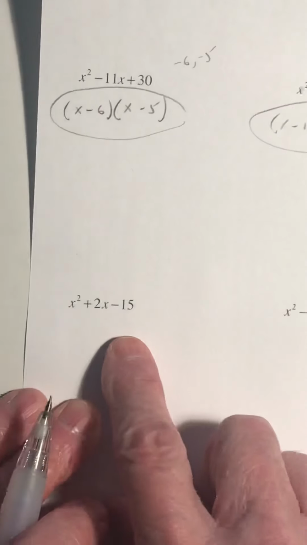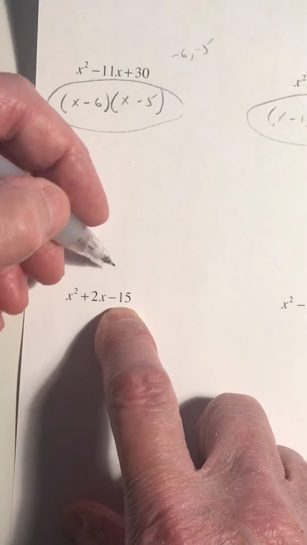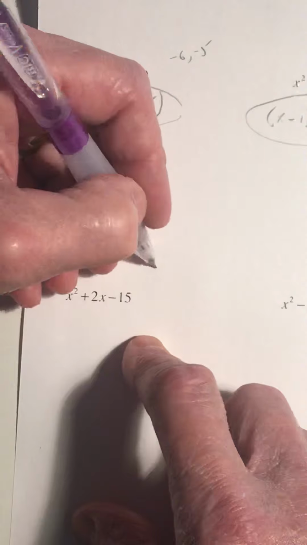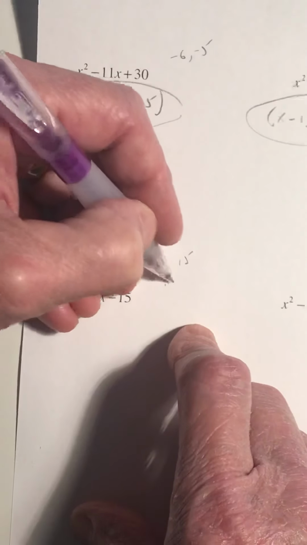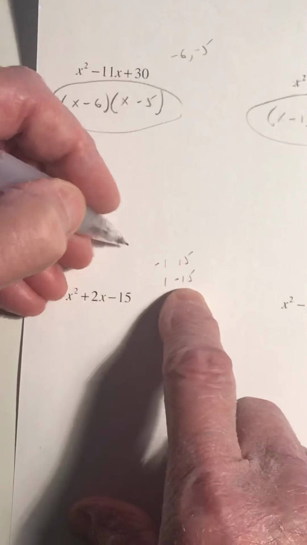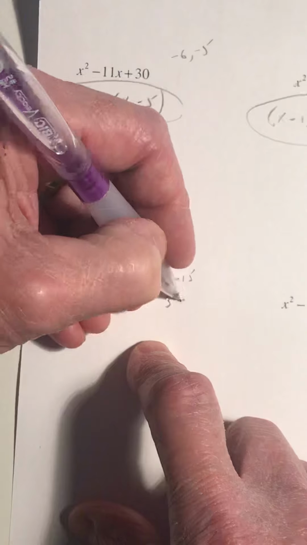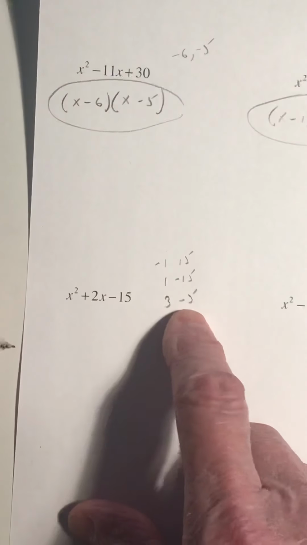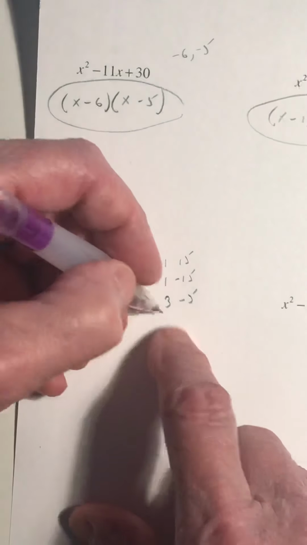And a minus 15. Now, multiplying and getting a negative, we need one negative number and one positive number. So we could have negative 1 and 15, which would add up to 14, or 1 and negative 15, which would add up to negative 14. We're trying to get a 2. How about a 3 and a minus 5? That makes minus 15 when you multiply, but it makes a minus 2 when we add.